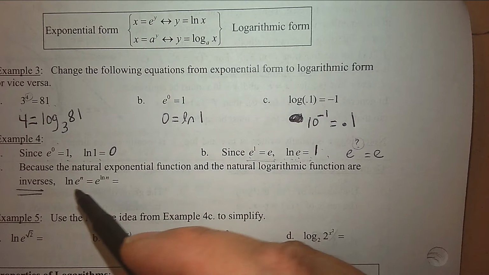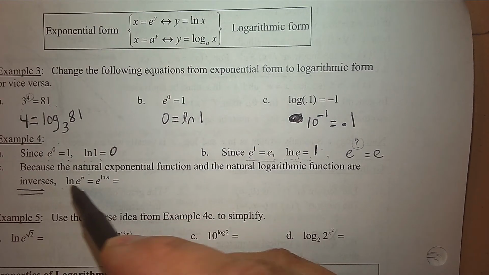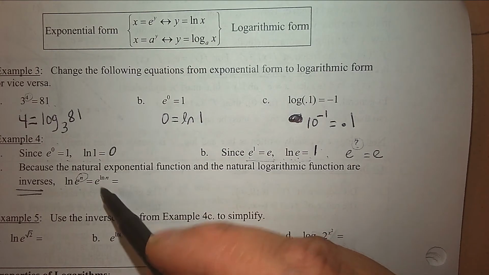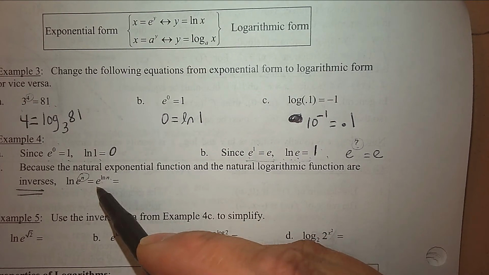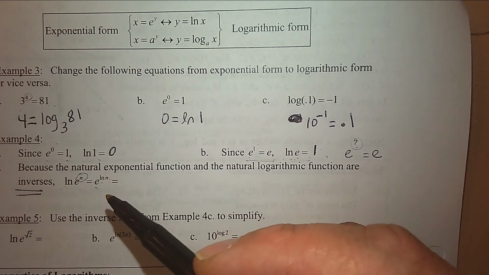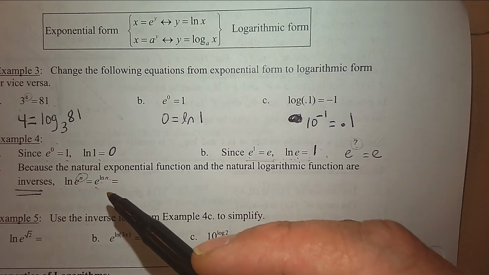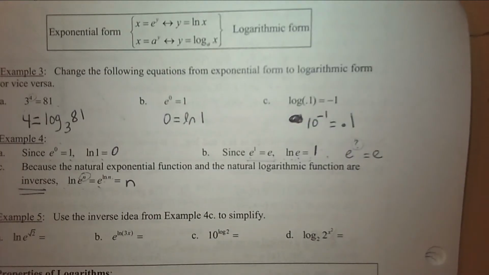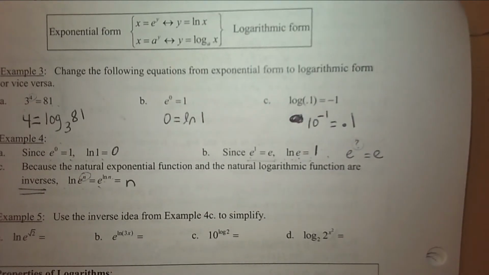If you have ln e to the n, the ln and the e undo each other, and you're left with just n. Or if you have e to the ln n, you're left with just n. They're inverses, like adding and subtracting, or multiplying and dividing. They undo each other, and then that's what's left.